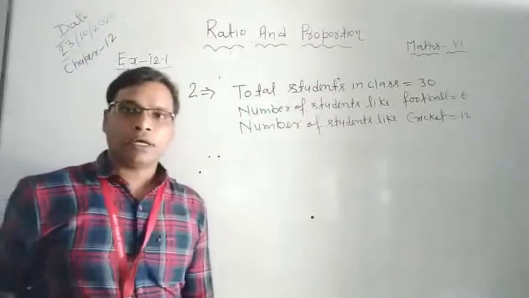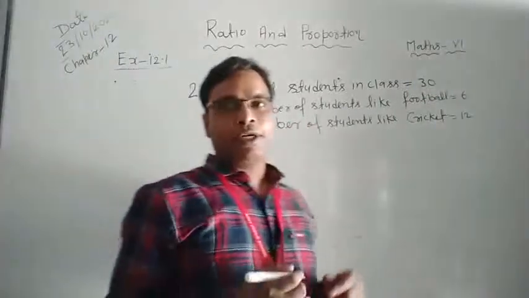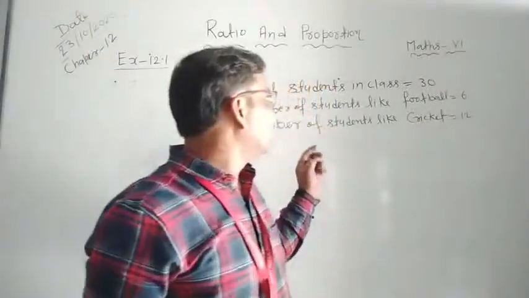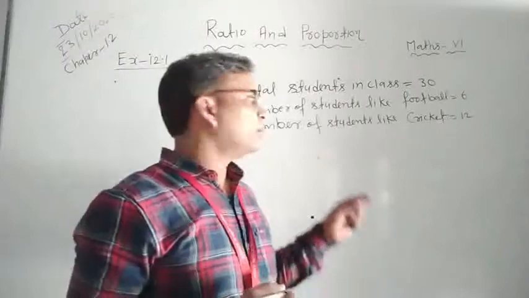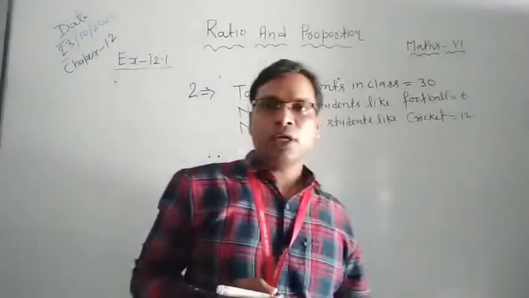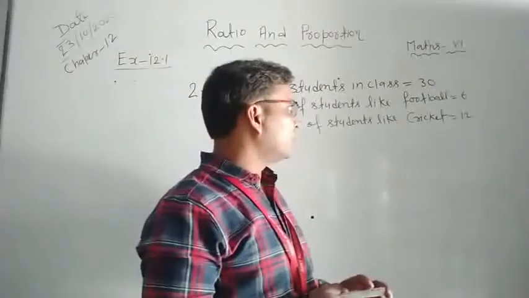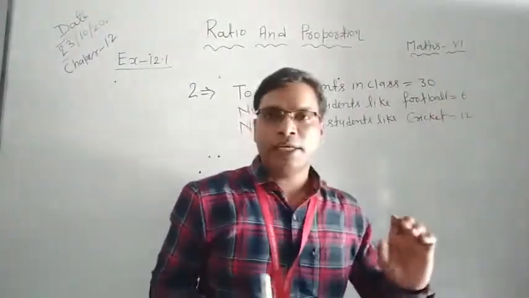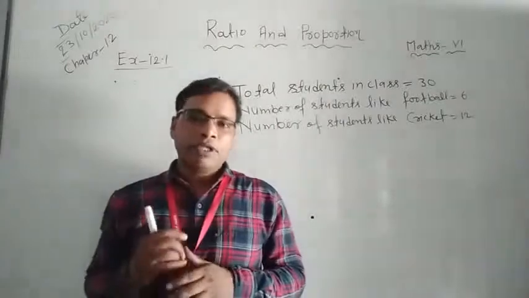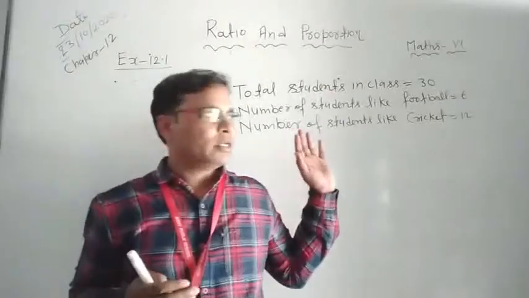So total students is 30, the number of students who like football is 6, and the number of students who like cricket is 12. So how many students like tennis? For this, first we sum the number of students who like football and the number who like cricket. After this we subtract from the total students in the class.